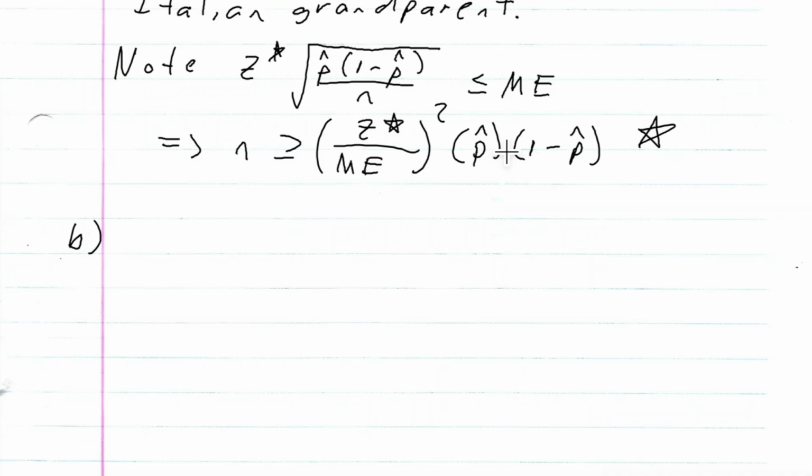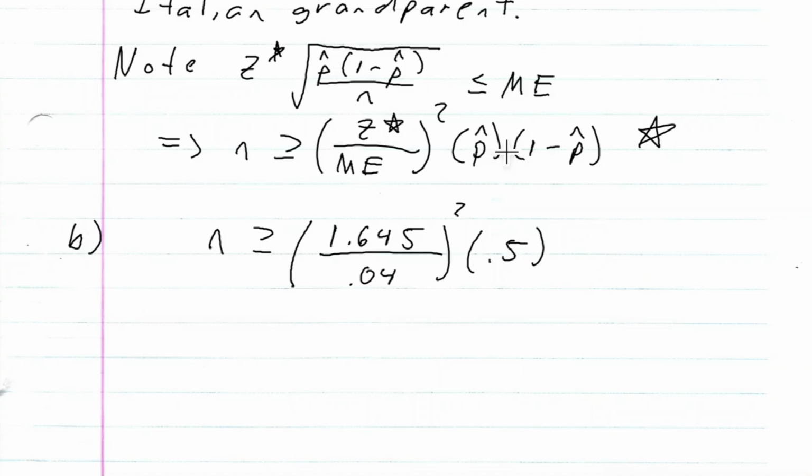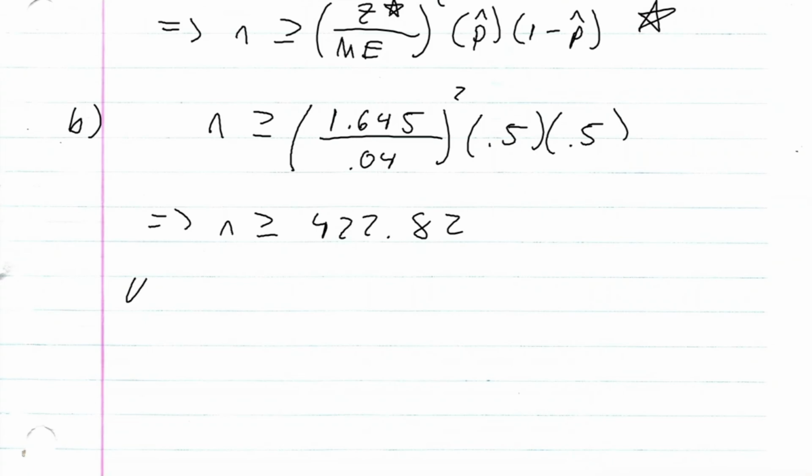So n has to be bigger than or equal to, with z star the same, 1.645 over the maximum margin of error 0.04, squared, and now p hat is 0.5, so 1 minus p hat is 0.5. This means that n must be bigger than or equal to 422.82.